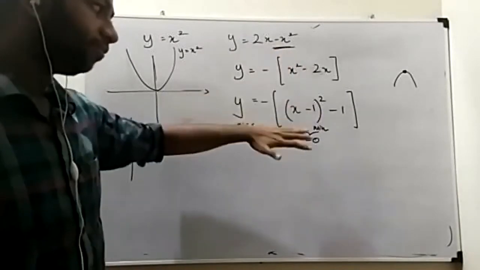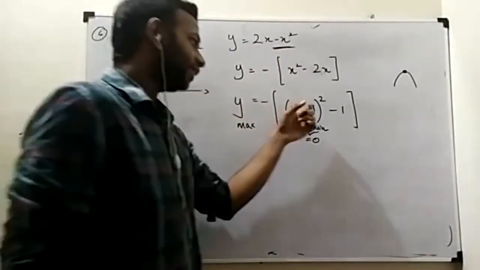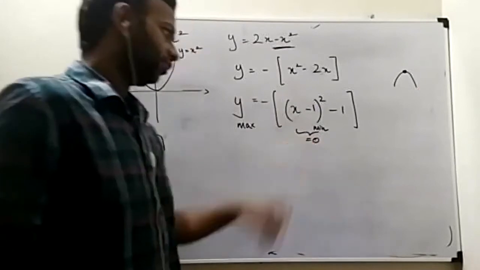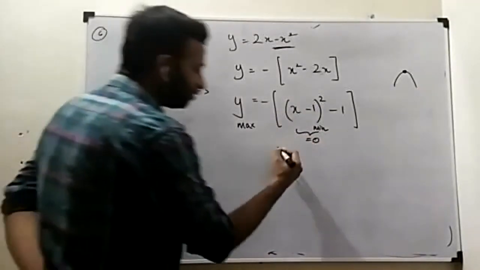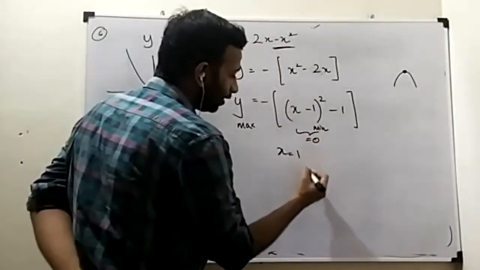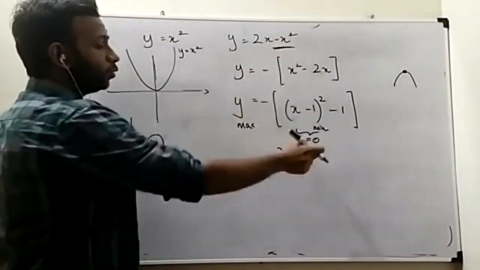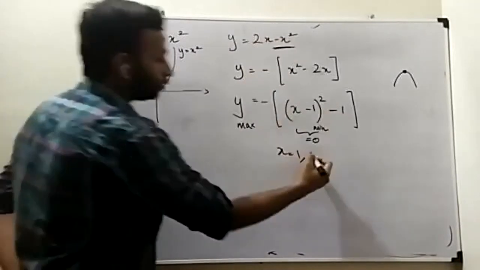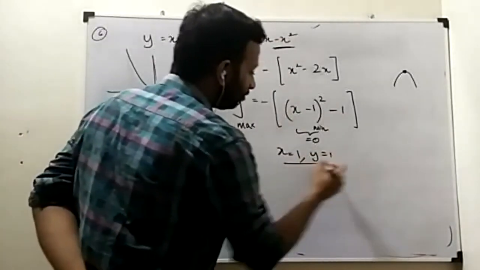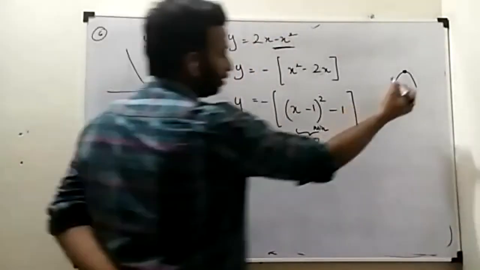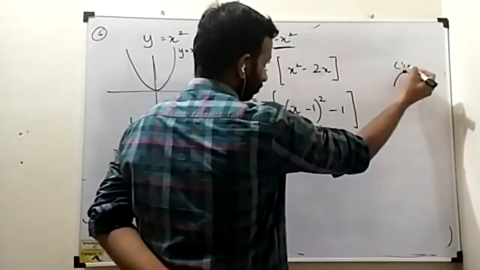So we need the minimum value, where the value inside is equal to 0. The value inside is equal to 0 when x is equal to 1, right? When x is equal to 1, how much is y? Substitute here. So what is this value? This is the value of the maximum term, 1, 1.